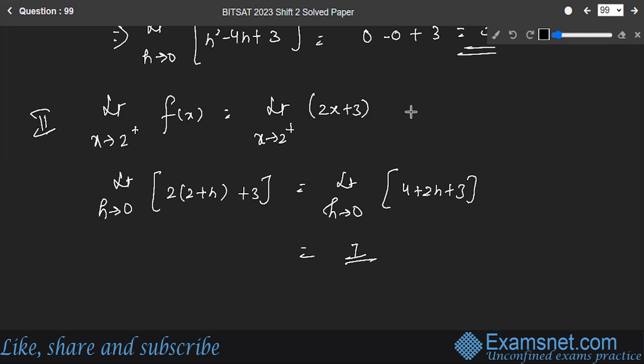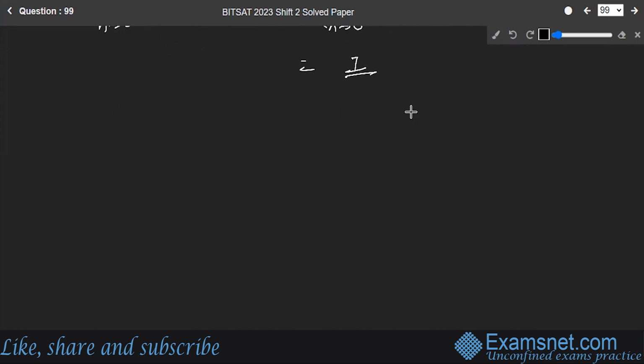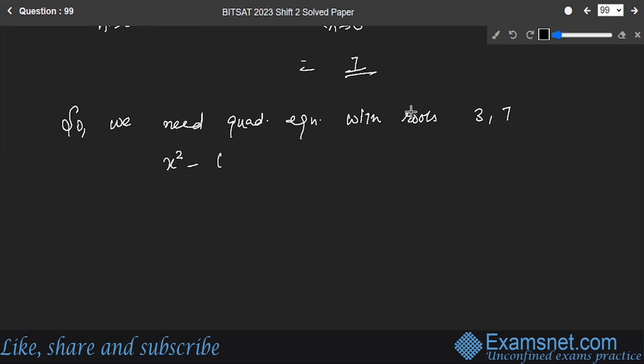I want the quadratic equation whose roots are 3 and 7. Let's make that equation. This is a general formula: if I'm taking two roots as alpha and beta, the equation will be x squared minus (sum of the roots) x plus product of the roots is equal to 0.